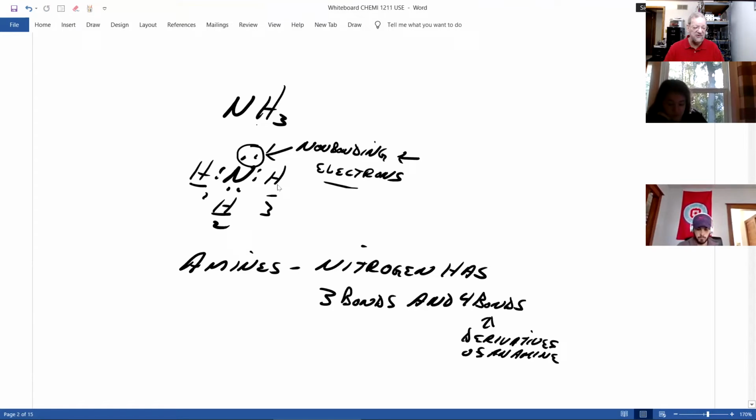So this is a little tricky, and students get, I don't know, confused, but it's true. Carbon, you know this. But for nitrogen, you can have 3, or you could have 4 bonds to nitrogen. And so you can have either one because nitrogen has non-bonding electrons.